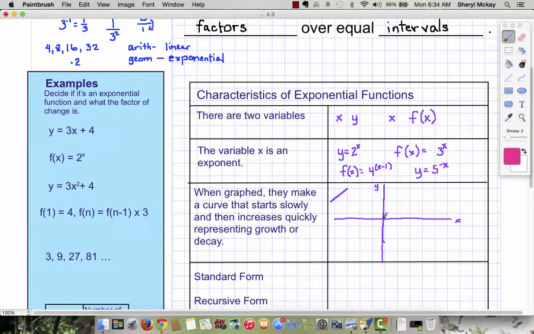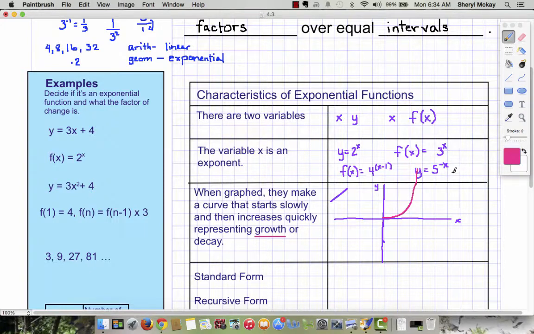But it's going to start off very slowly, and then it's going to shoot up almost straight up, okay? So an exponential function starts off, grows very slowly, and then suddenly it rapidly increases and shoots straight up. Kind of explodes, okay? This is called exponential growth, all right? Exponential growth.